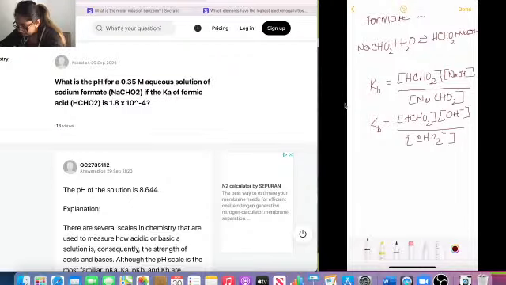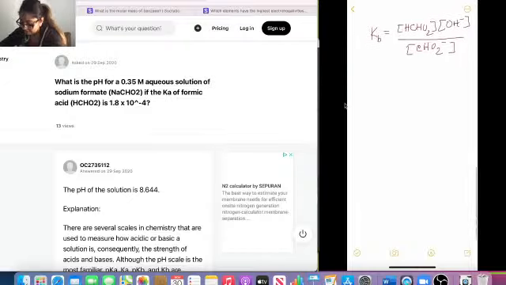And so we can find the base ionization constant from our previous equation, that Kw is equal to Ka times Kb.